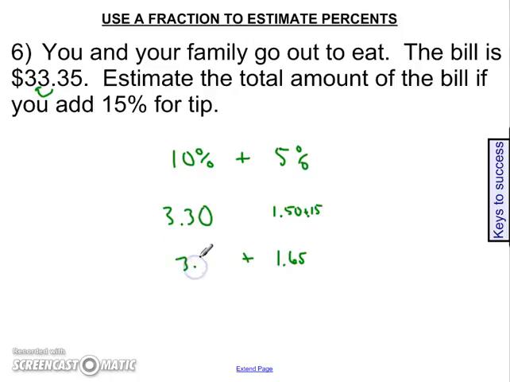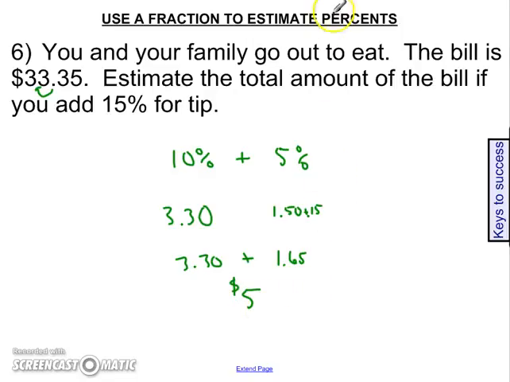So if I now add my $3.30 and my $1.65 together, that's $3.95, or sorry, $4.95. It's basically $5. So the tip itself is approximately $5.